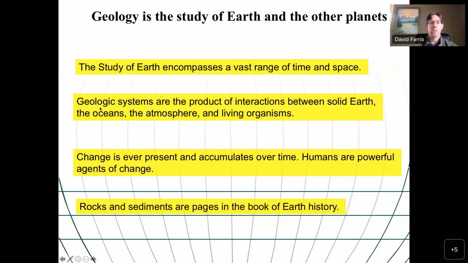Geologic systems are formed by the interaction between your solid earth, your oceans, your atmosphere, and living organisms. All of these things interact together. Rocks and sediments are really the language by which we can tell the history of our planet. And humans, as we're finding out, are actually geologic agents in and of themselves. We are changing the planet.